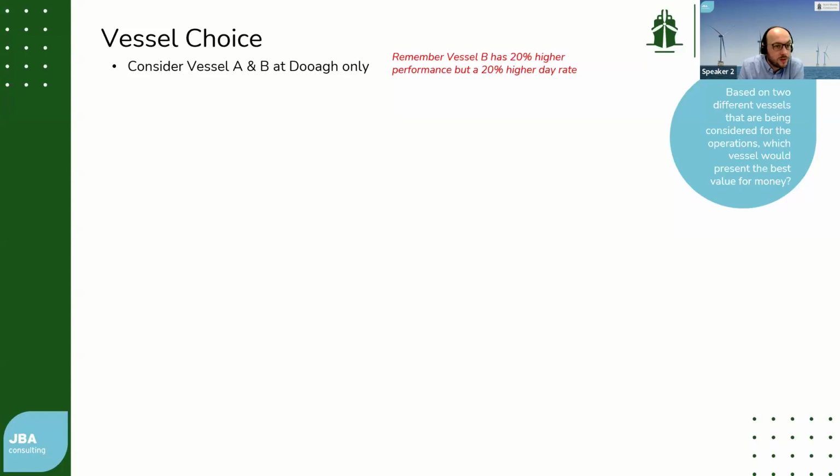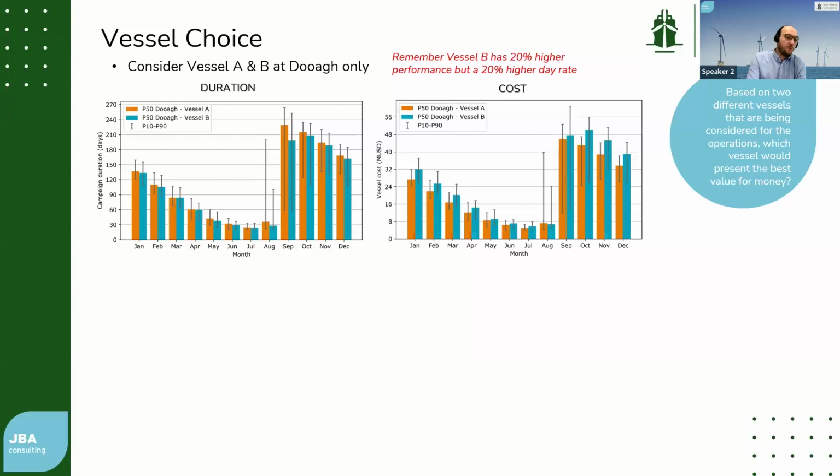But let's remind ourselves that vessel B has 20% higher performance weather limits, but it also has a 20% higher day rate. So we want to know, does that higher performance justify the higher day rate? So we've modeled it the same way as the previous cases as well, and we can see our results here, and we can see that generally there's a very similar trend with our start date, and we can see on the left hand side that in general vessel B is faster than vessel A, which suggests that that's down to less weather downtime.